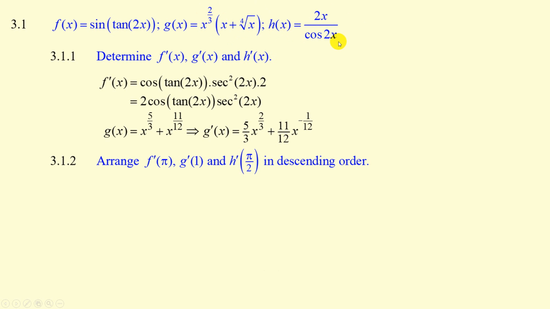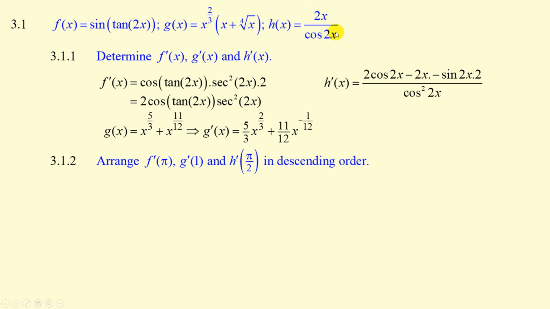H of x equals 2x over cos 2x. Well, that is a quotient rule. Derivative of top times bottom minus top times derivative of bottom, over bottom squared. So therefore we'll have derivative of 2x, 2 times the bottom, cos 2x, minus the top, which is 2x, times derivative of the bottom.